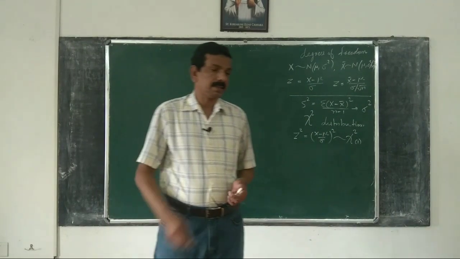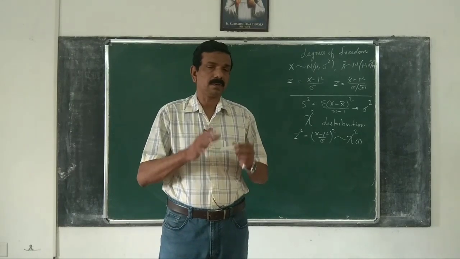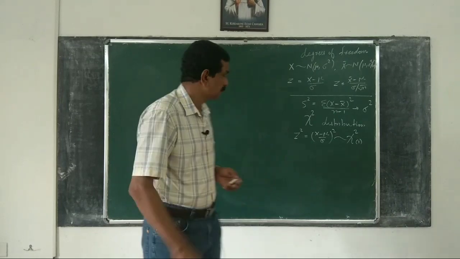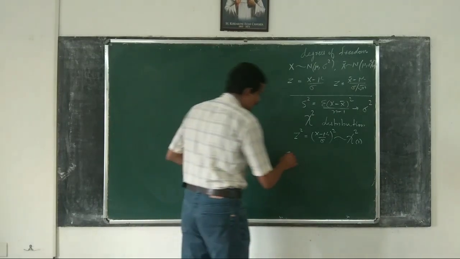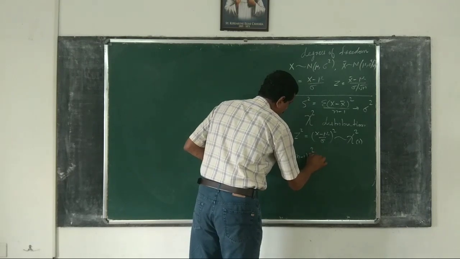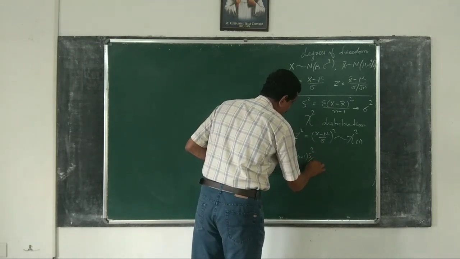Now, the test statistic used for testing the significance of variance is given as n minus 1 into S square by sigma square.